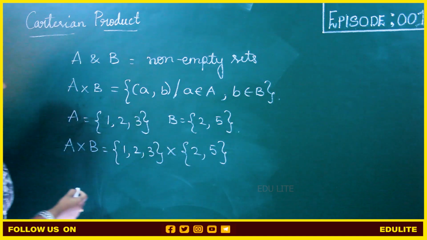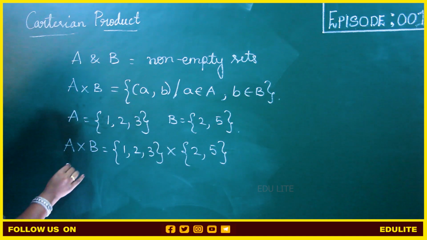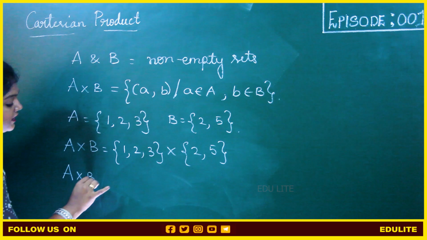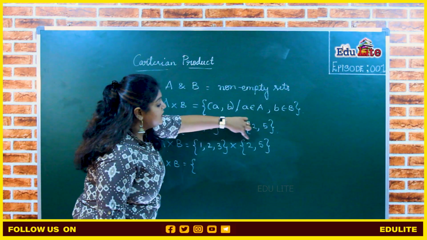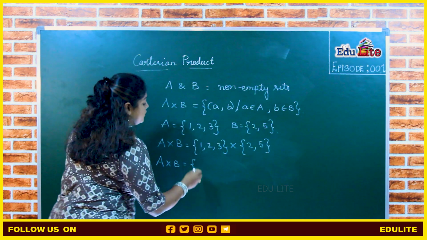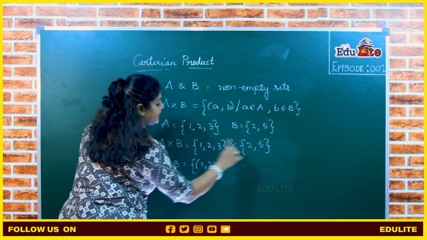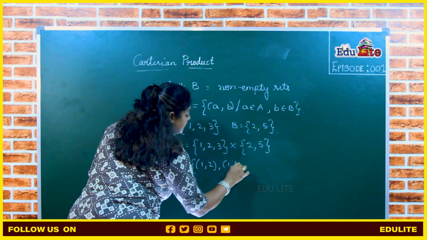So now we will write the Cartesian product of these two sets and we will see how to do that. First, take an element from A, pair it with all the elements in B. So (1, 2), next (1, 5).